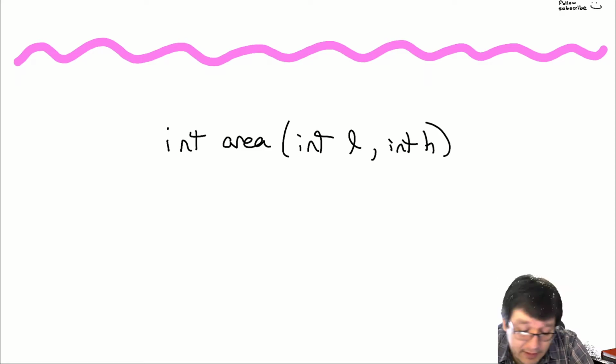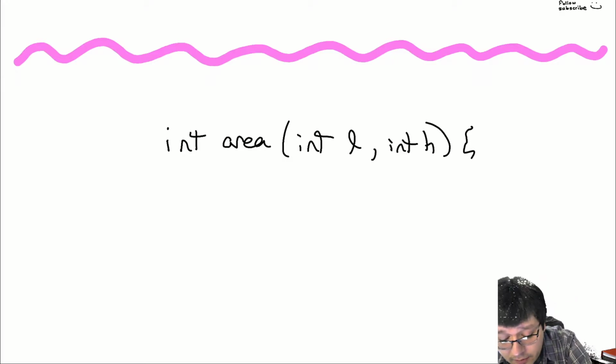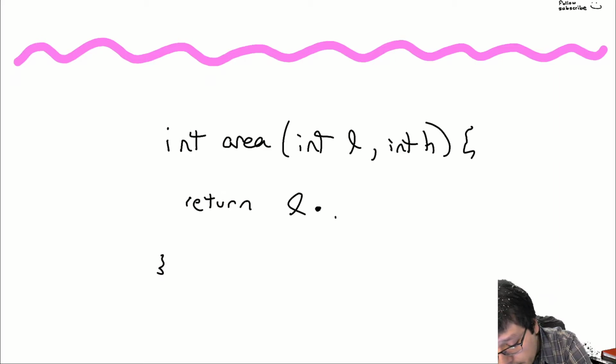And the problem is, you've got to be more specific, because if this was the area of a triangle, then we know that this should be return length times height times 1/2, right? I guess if we're doing code, then these should be asterisks, right?